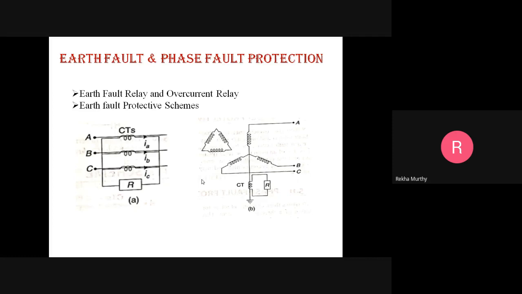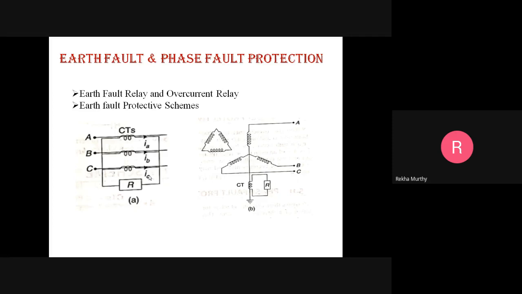Now coming to earth fault protective schemes. An earth fault relay may be energized by a residual current. Let us see the figure. Here, IA, IB and IC are the currents in the secondaries of the CTs of the different phases.